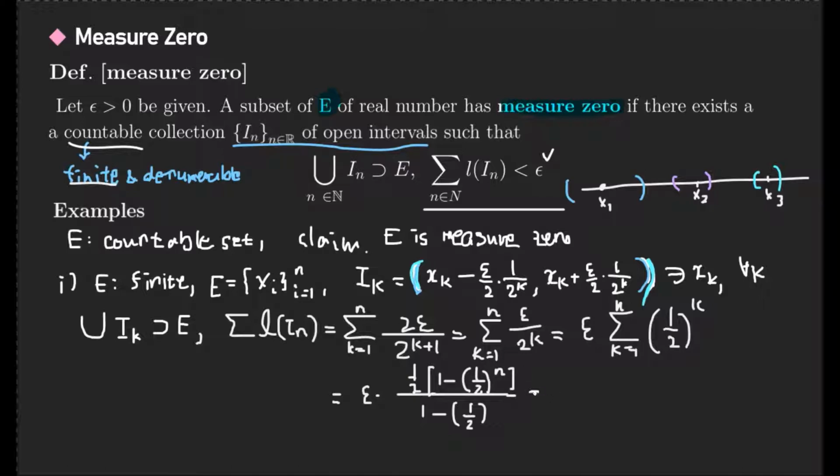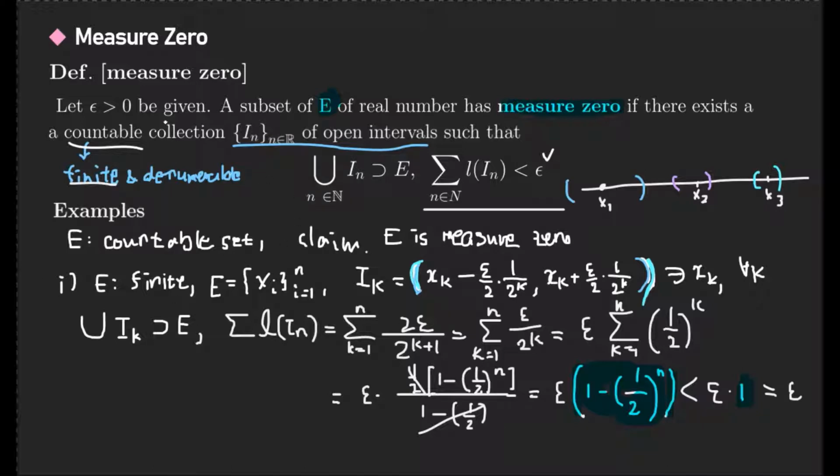Calculating this, we get epsilon times 1 minus half to the n. But this is always less than 1, its value is always smaller than 1. So our proof is finished.